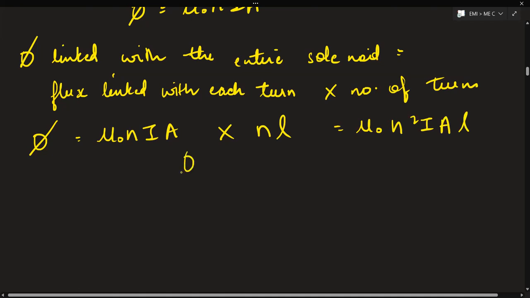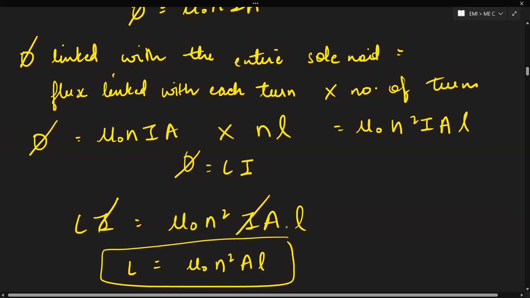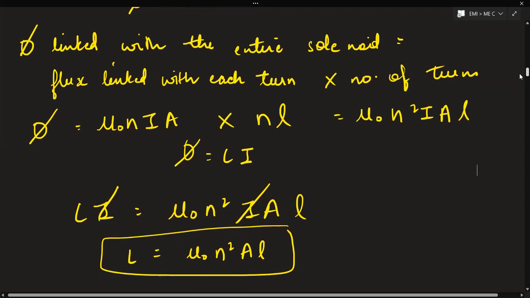Also, we have studied that phi is equal to L i. So both of these are equal, just equate them. L i is equal to mu naught n square i A L. Current gets cancelled. L is equal to mu naught n square A L. This is the formula of inductance, meaning self-inductance, for a solenoid.